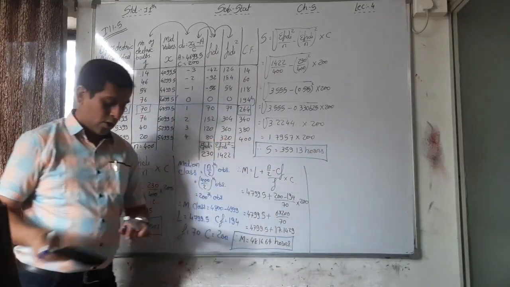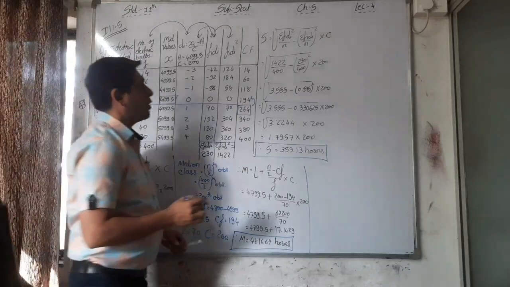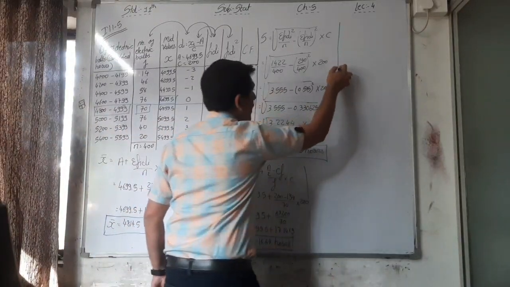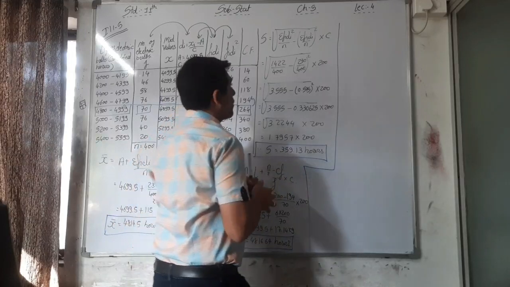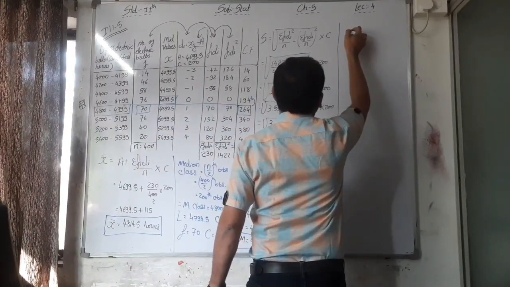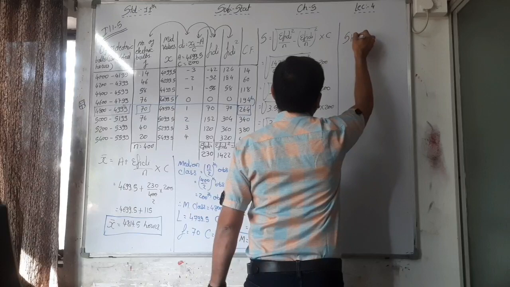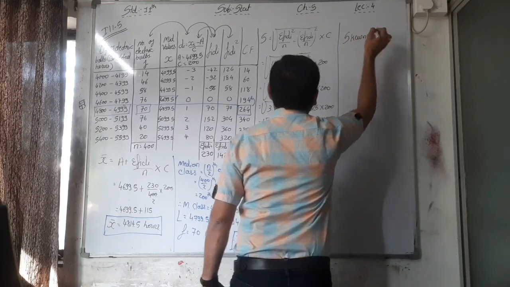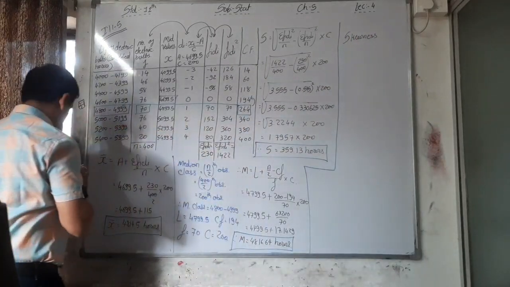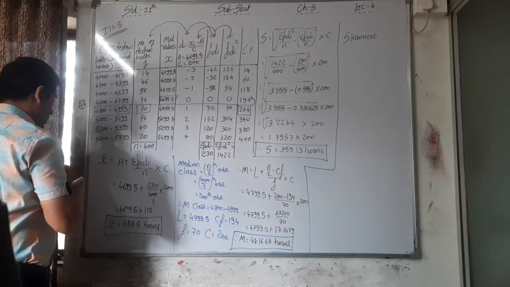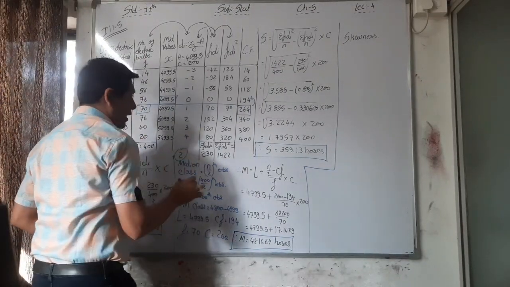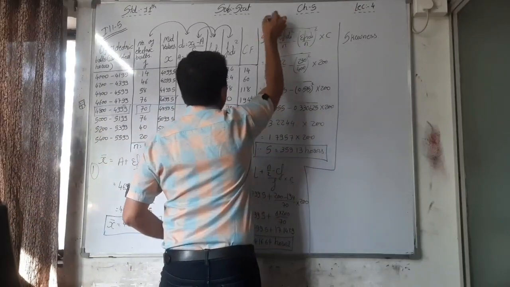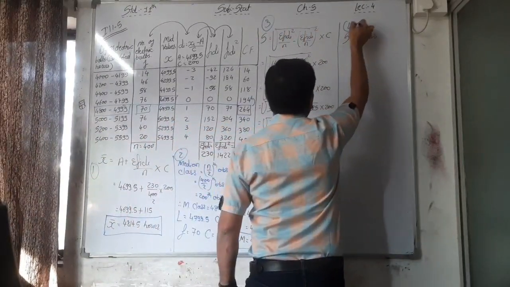Now put all the values into the skewness as well as coefficient of skewness. First of all, skewness. See here, this is the first, this you have to find out second, this you have to find out third. Now fourth one, skewness.